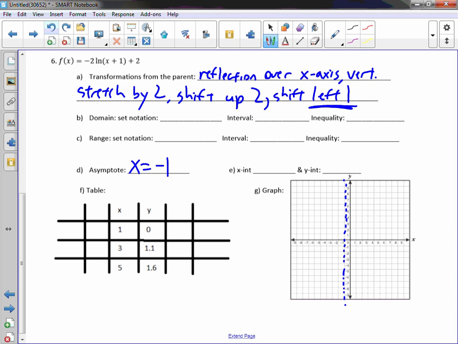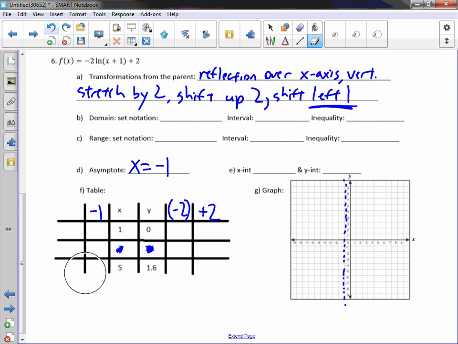Next, we can fill out the table. On the x side, we'll have minus 1. The y side will be times negative 2 and plus 2. In my class, we use the points 2.72 for x and 1 for y for ln, because that's the value of e.